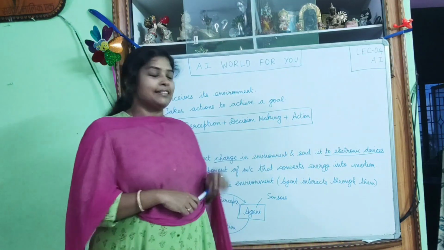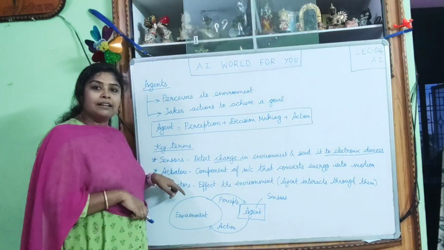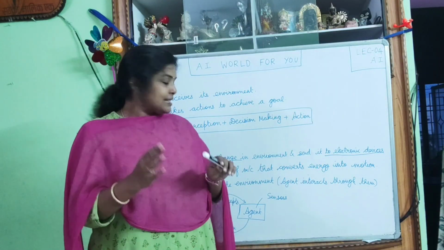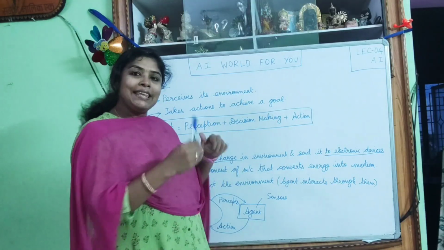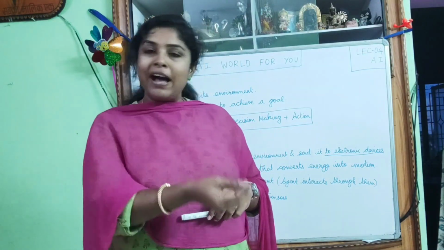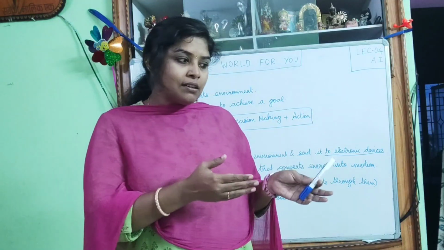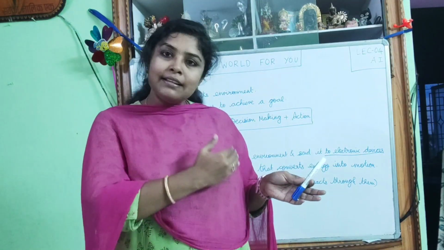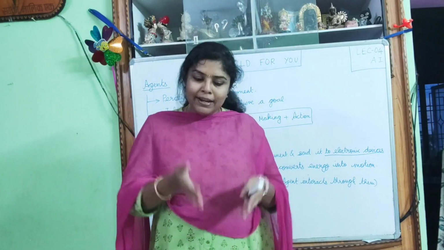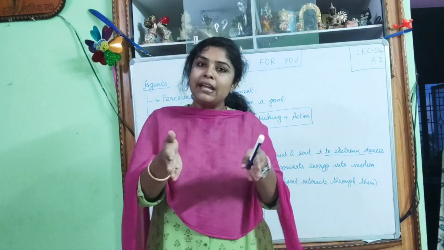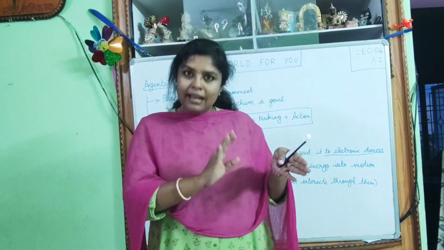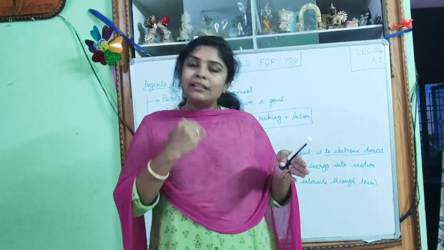Coming to the next term, which is actuators. From the term actuator, we understand that it is something related to action or movement. Take a vacuum cleaner robot, which is going to detect the dirt, move and remove the dirt. So how is it detecting the dirt? For it, the environment is its surrounding, where the dirt is. It will go and look for it, detect it and simply clean it. So how is it doing that action?